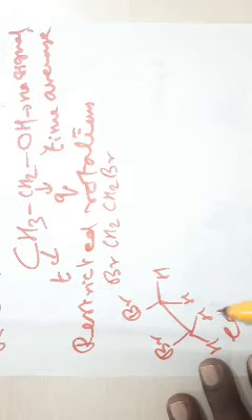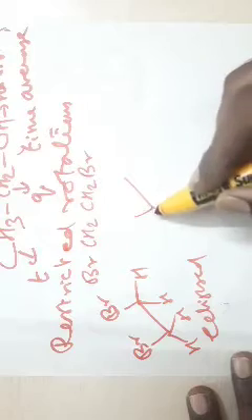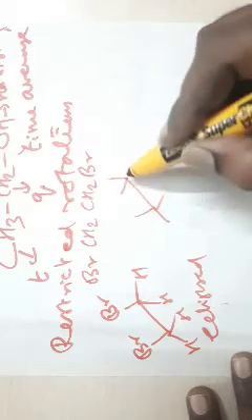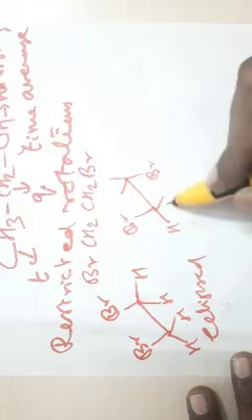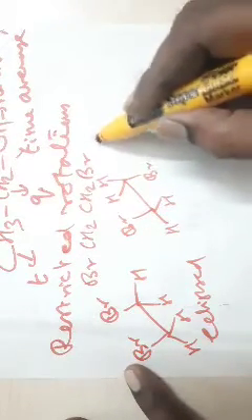This is your eclipsed conformation. And similarly, we can draw the staggered conformations for the molecule, namely 1,2-dibromoethane. This is your staggered conformations.